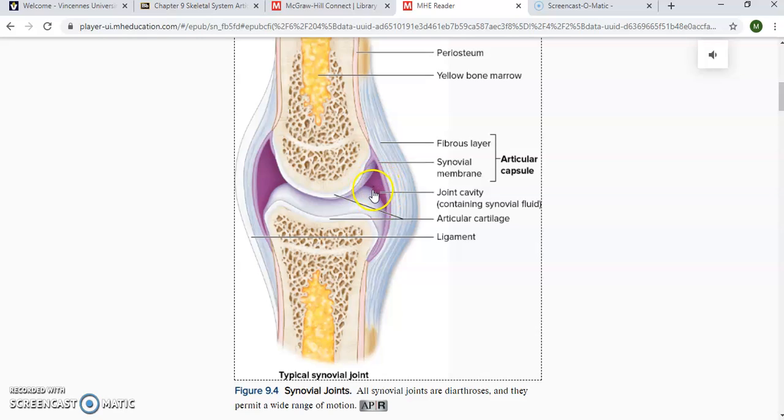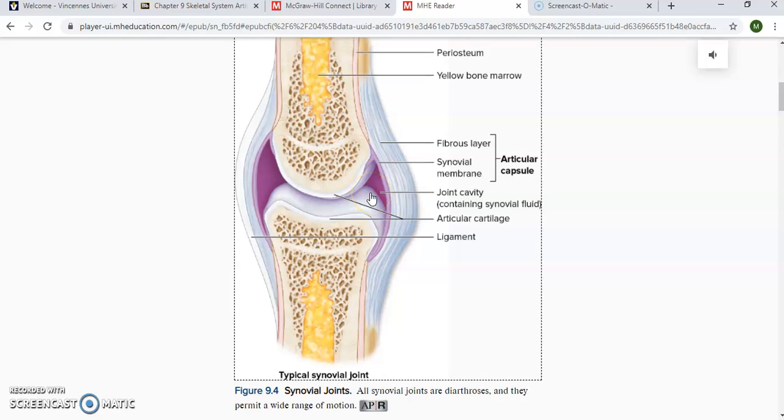So that's what's in there, and the specialized cells in the synovial membrane, with the help of components in the blood, produce that synovial fluid that's going to fill up this joint cavity here. One of the synovial membrane's functions is to produce that synovial fluid, and it does it constantly.